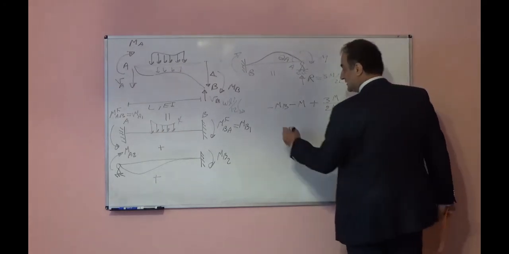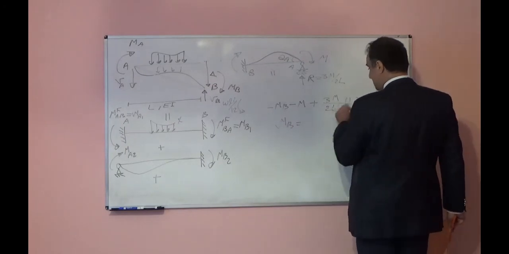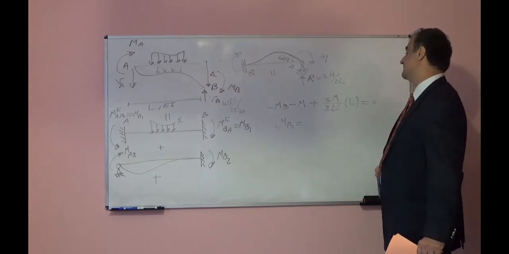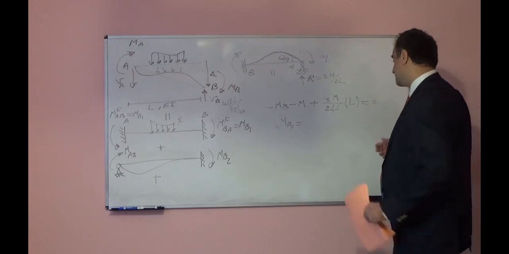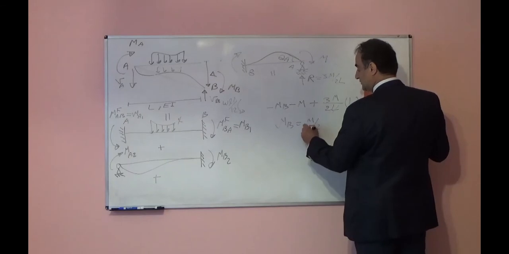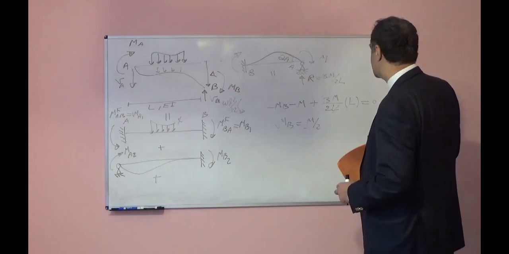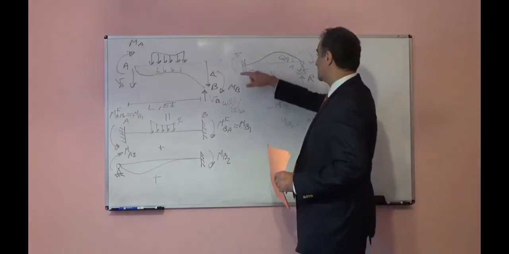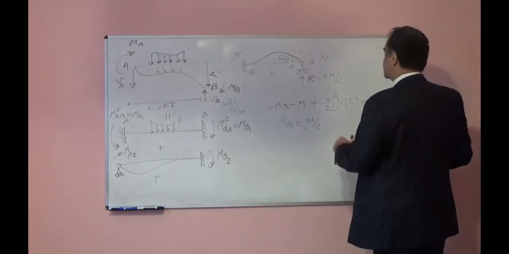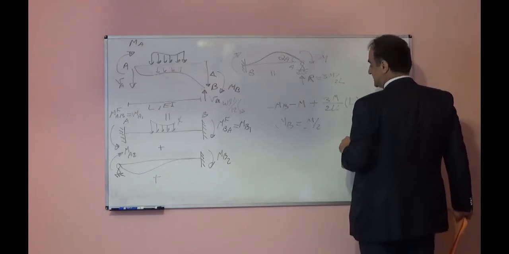From here you will find MB. This will be 1.5 M minus M, 0.5 M. If I take it to the other side, it will be M over 2 negative. Let's see, did I make a mistake or not? Negative M plus 3M over 2L times L is equal to 0.